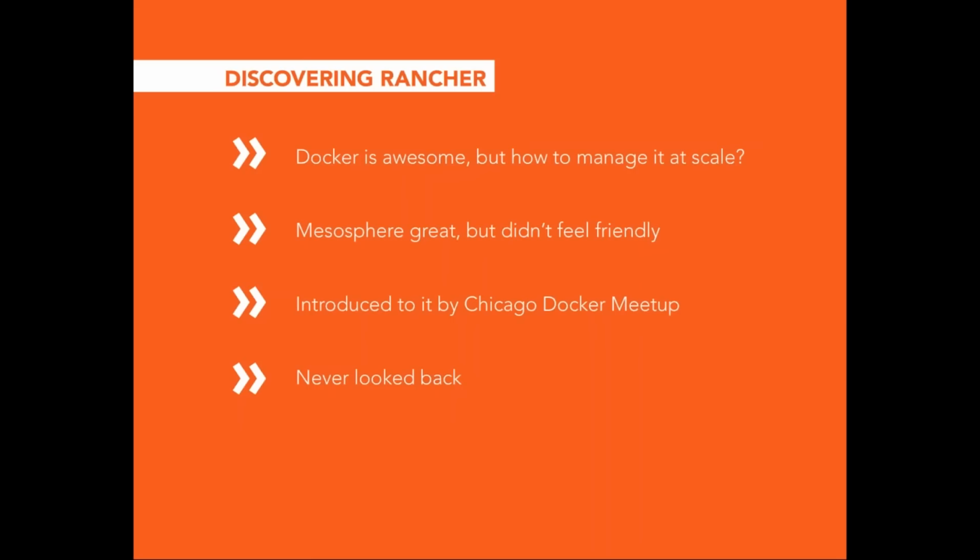I just interjected, weighed in, and it turned out the container guru there was the head of the Chicago Docker Meetup, and I mentioned Rancher when I was talking. He said you should give it a shot. It's this kind of new thing. It's really interesting. It seems to bring some different things to the table that other people hadn't considered. It felt great to use, and I really understood its purpose in the landscape when everyone's still figuring out these control planes and orchestration frameworks. And that was it. I loved it and went forward with it.